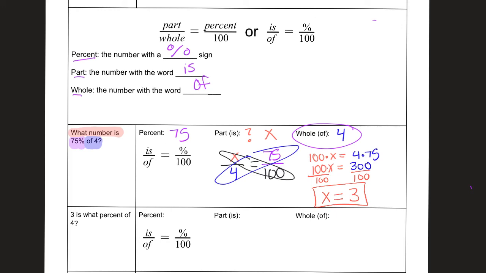Let's do one more, and I'm going to change this. We're going to do 5 is what percent of 60. That seems fun. Okay. It says what percent. So I don't know my percent, so I'm going to use an x for my variable. Is goes with 5.